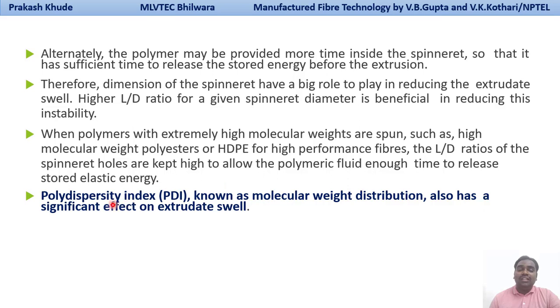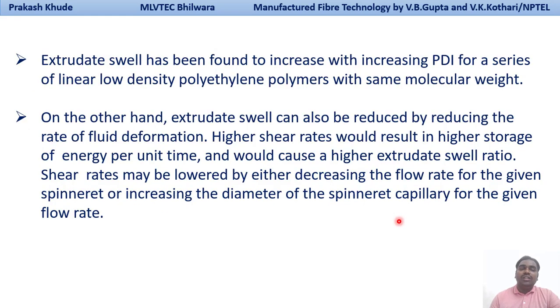Next is the polydispersity index, which is the molecular weight distribution, and it also has a significant influence on extrudate swell. The extrudate swell has been found to increase with PDI, the polydispersity index, for a series of linear low density polyethylene polymers with the same molecular weight.